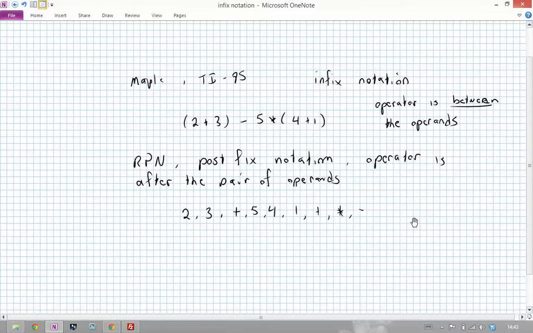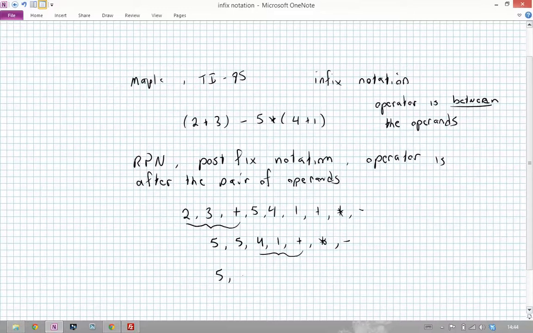Let me just double check here. How does this work? Work from left to right. Take these two, or take this whole thing and replace it by its result. What's its result? 5. Okay, go to the next operator. Let's see, 4, 1 plus.